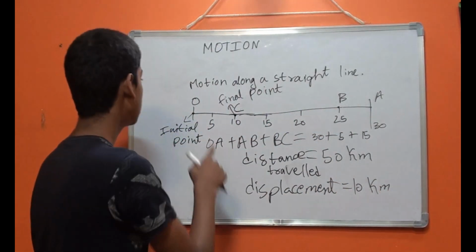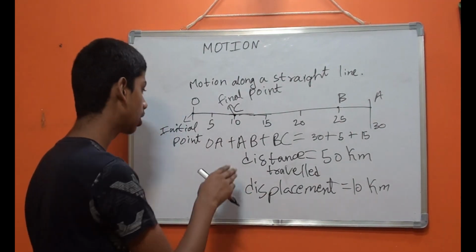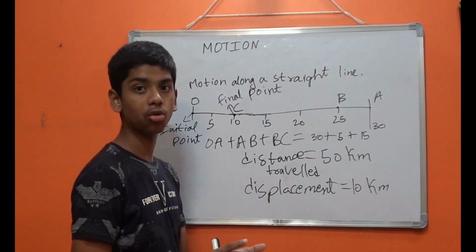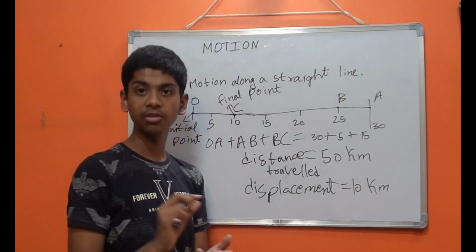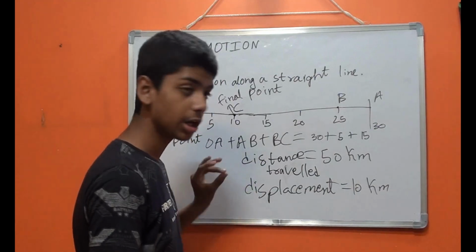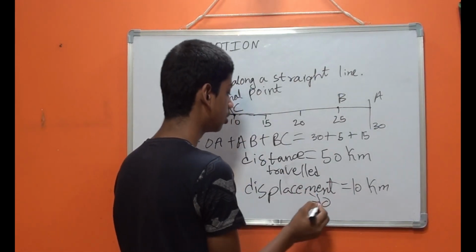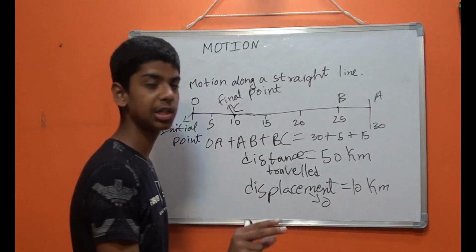Now the difference between displacement and distance is that distance is a scalar quantity and displacement is a vector quantity. That is the difference. Displacement can be 0, but distance cannot be 0.